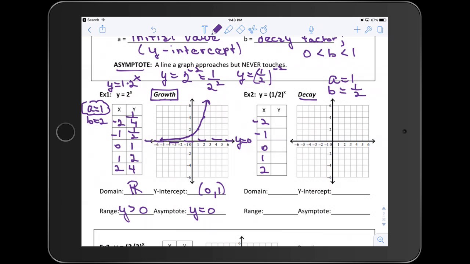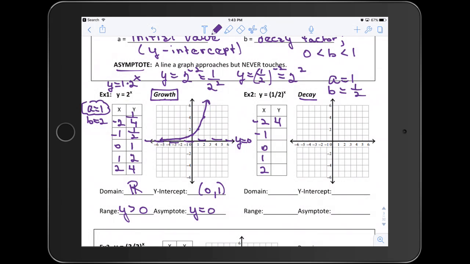So instead of 1/2 to -2, and you'd have to be able to do this without a calculator, you're going to have 2 over 1 raised to the second power. So again, when you have those negative exponents, they change positions from the numerator to the denominator, or vice versa. So this is going to be 4.